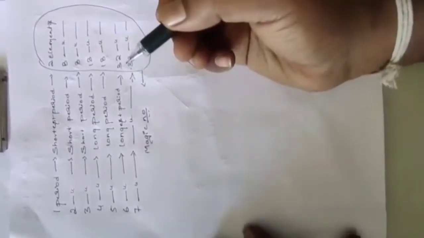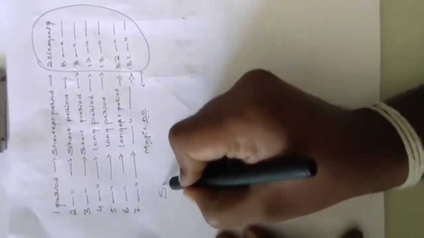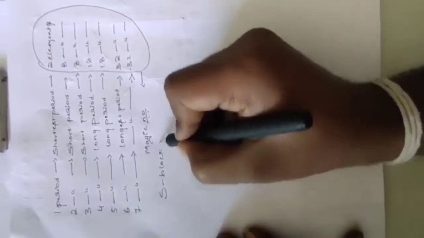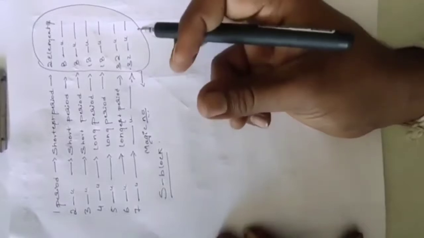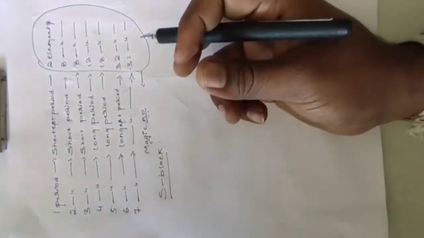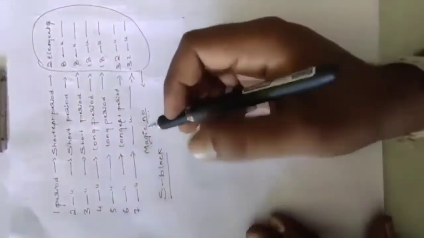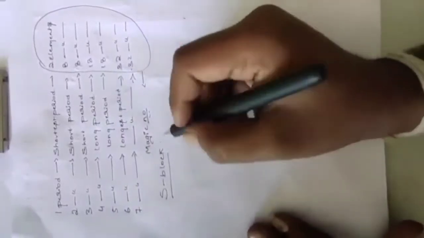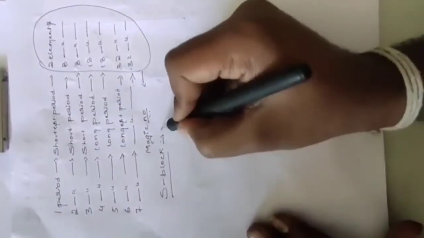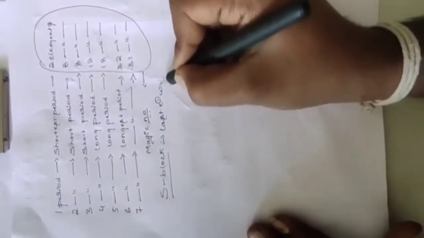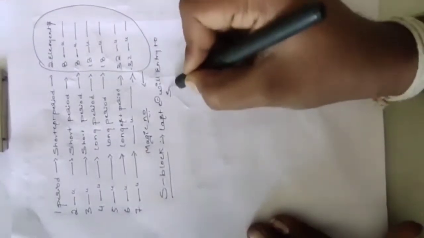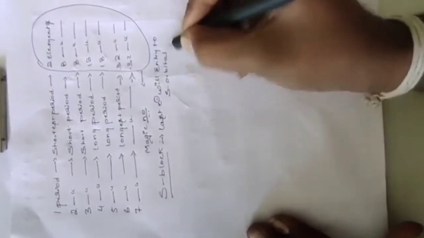Now we are going to talk about blocks. First, the s block. In the s block, the last electron enters the s orbital.